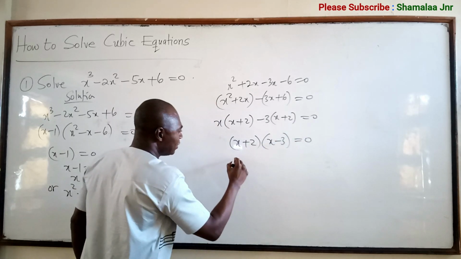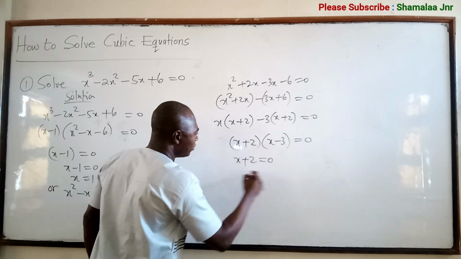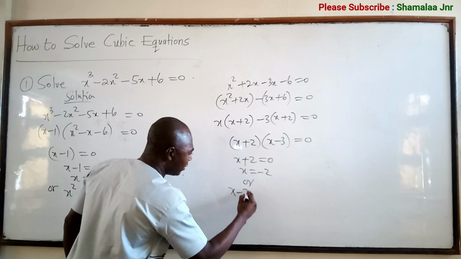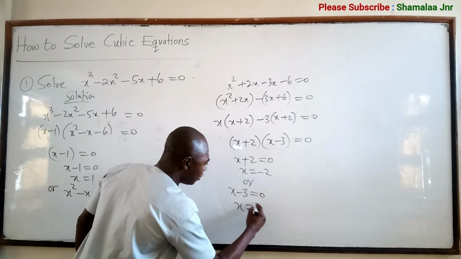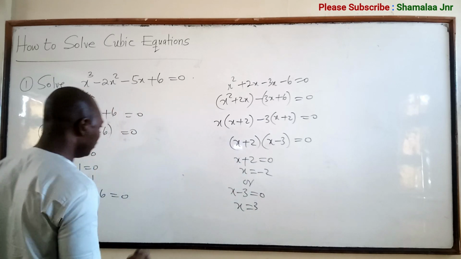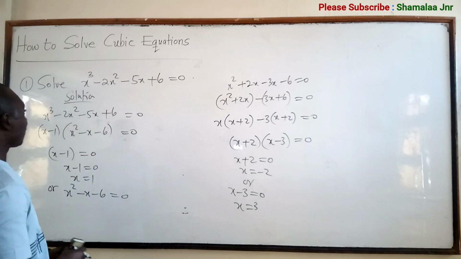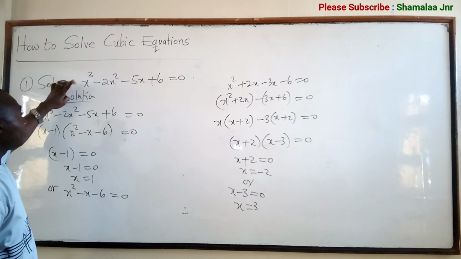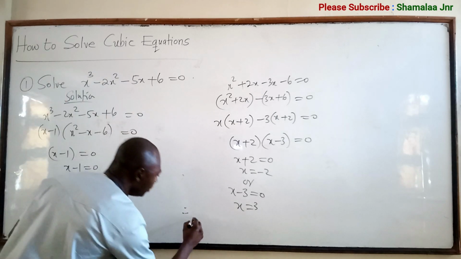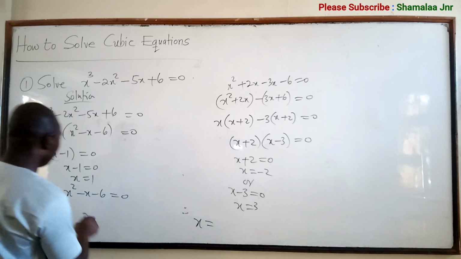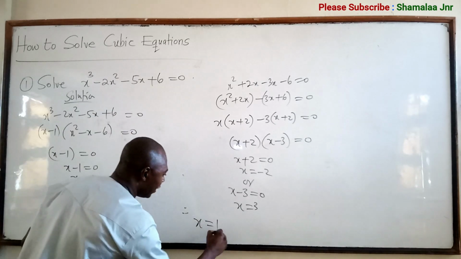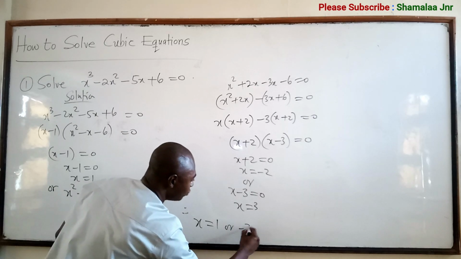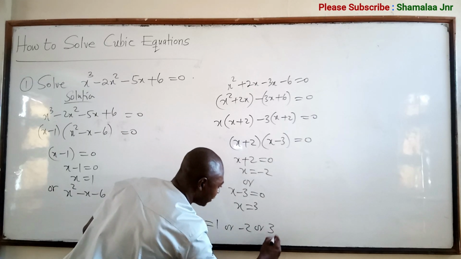Now what this means is that x plus 2 is equal to 0. X is equal to negative 2. Or x minus 3 is equal to 0. X is equal to 3. Right? So therefore, the final solution to this question will be x is equal to, you see that this one gives us 1, x is equal to 1 or negative 2 or 3.